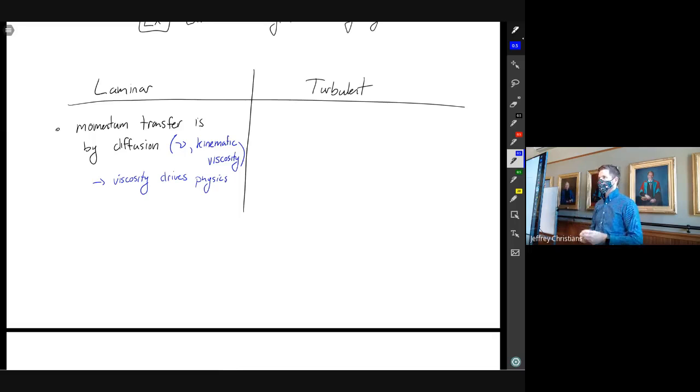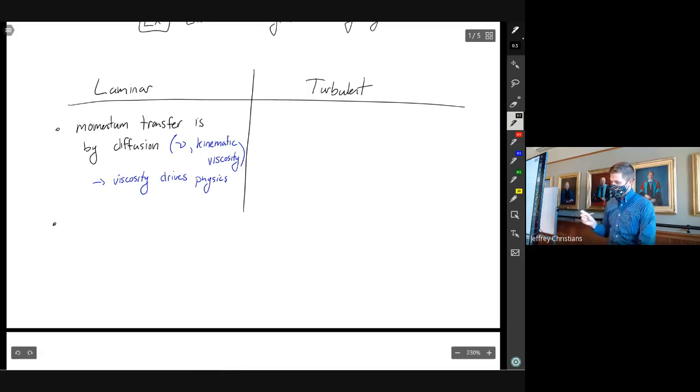So viscosity is what's causing the boundary layer to grow. It's the slow fluid layers pulling on the fast fluid layers and stopping them. So that's what's really governing the physics, viscosity. That's driving momentum transfer, momentum diffusion, the changes in velocity.